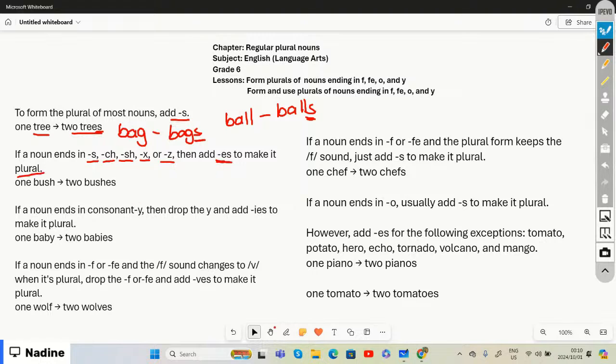So that is the rule. The rule is that if the noun ends in s, ch, sh, x, or z, then we need to add es to make it plural. That's the rule, and that is why I was saying that when it comes to regular plural nouns, regular means that you need to follow a specific rule.